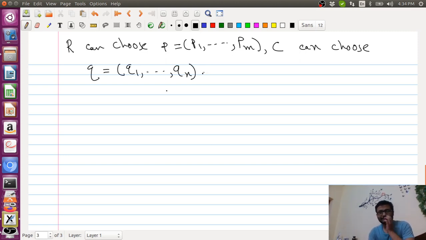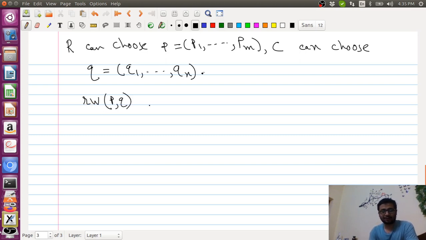Okay, and then we'll imagine that R samples her input from her set of actions according to P, and C chooses her input from her set of actions according to Q. Then what is the expected payoff of R? So let me denote it by R(P,Q).